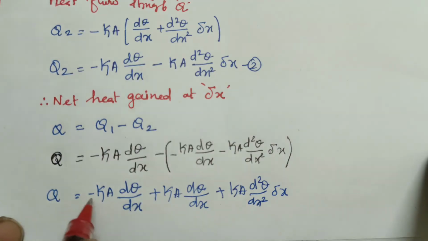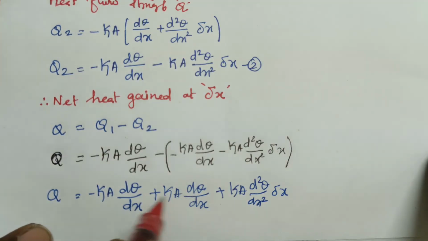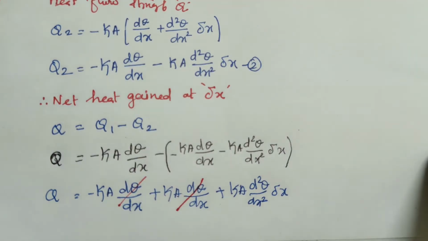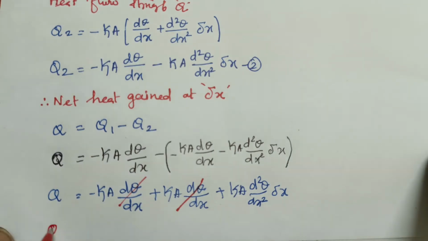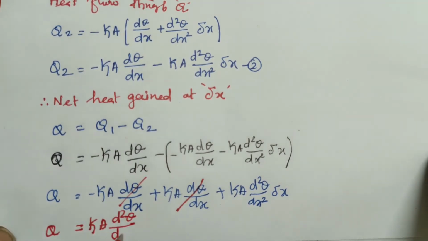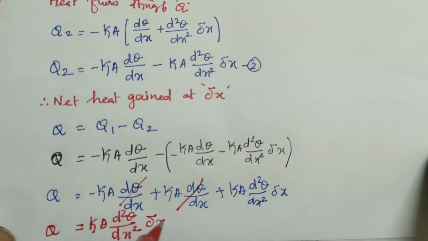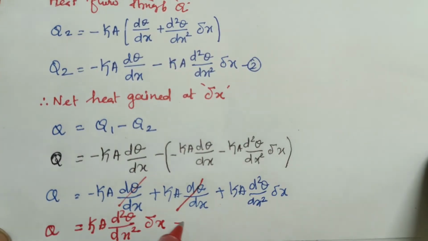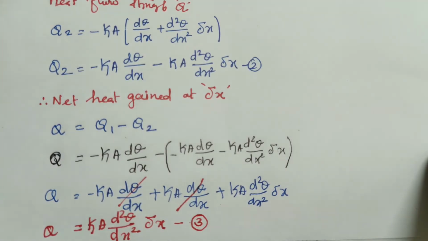Now minus Ka d theta by dx plus Ka d theta by dx cancel, so you can write Q is equal to Ka d square theta by dx square into del x. This is equation number 3, the net heat gained at del x area. இப்போ எவ்வளோ heat gain ஆகிருக்கு அந்த del x என்ற area வில் நம்ம find பண்ணியிருக்கோம்.